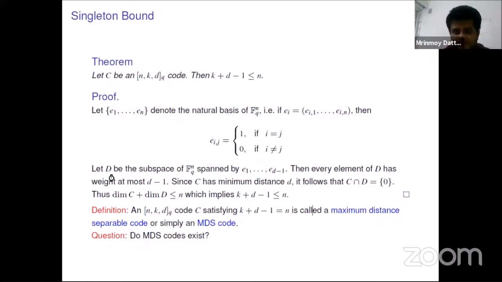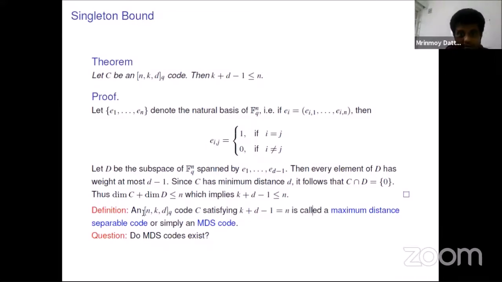So that means none of the non-zero elements of D will ever belong to C. So C and D are two subspaces of F_q to the power n, and they intersect at only the zero vector. As a consequence, we can see that the dimension of C plus the dimension of D is less than or equal to n. What is the dimension of C? Which is k by definition. Dimension of D is equal to d minus 1. So k plus d minus 1 is less than or equal to n.